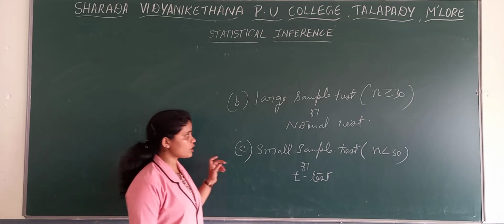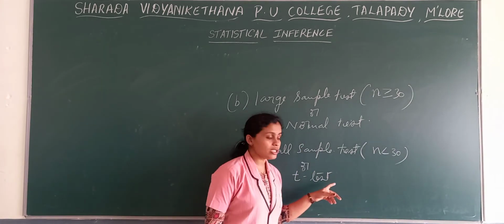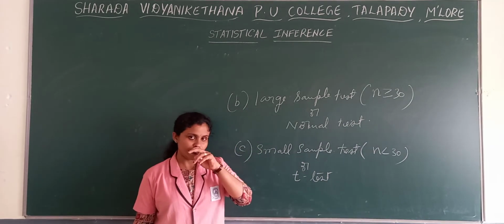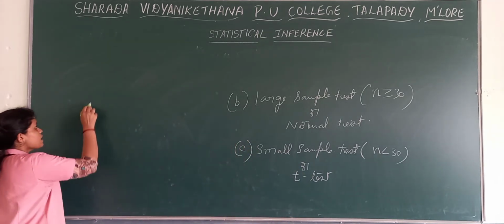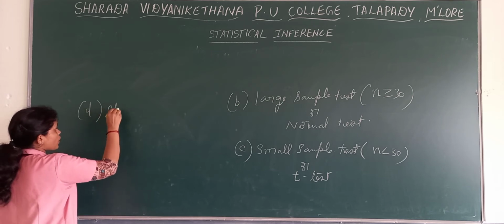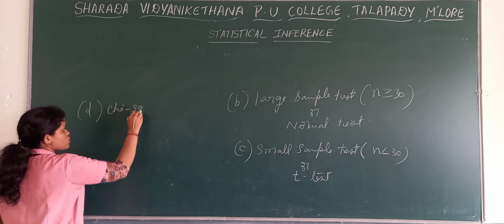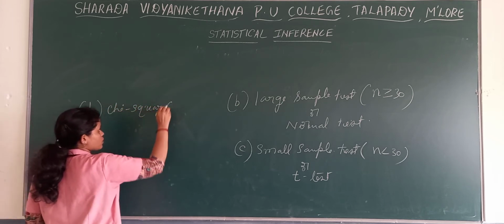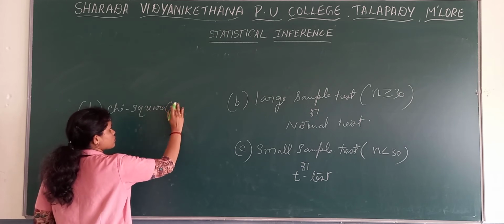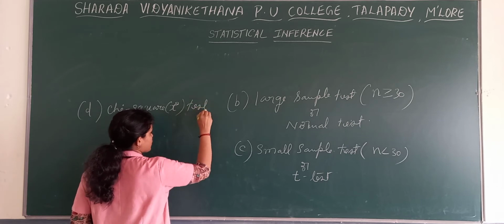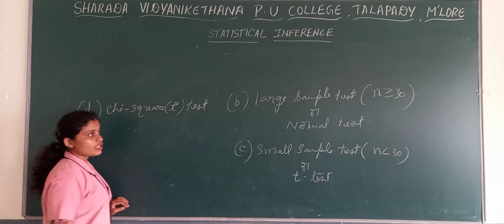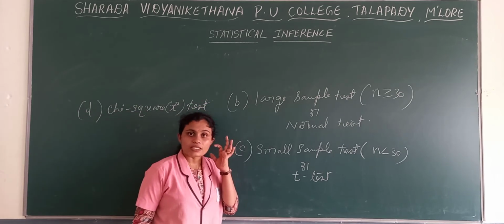In the 5th chapter you studied normal distribution and also T distribution. Now the last unit in this chapter, D, is the chi-square test.